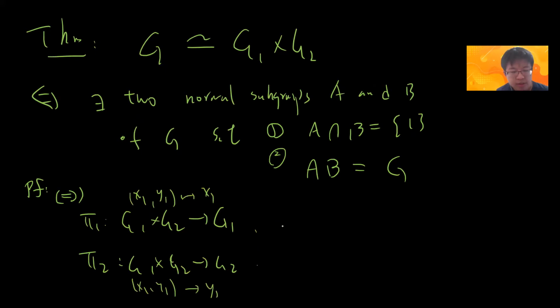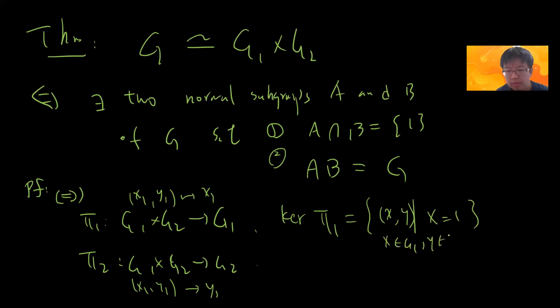I can ask what the kernel is. The kernel of pi1 is the set of (x, y) where x is 1, with x belonging to G1 and y belonging to G2, and the kernel of pi2 is the same, just (x, y) where y is 1. This is very simple.